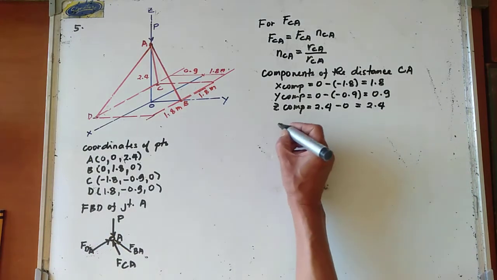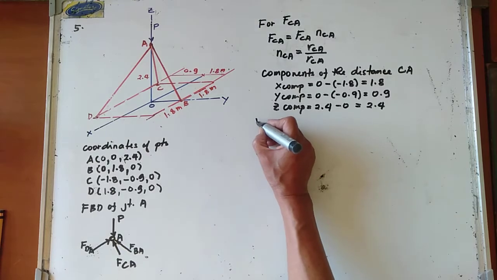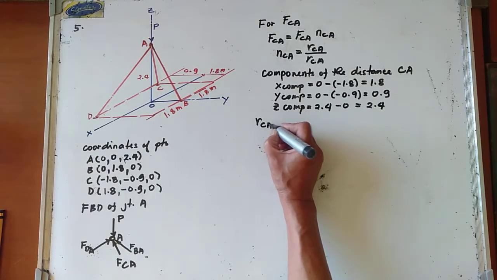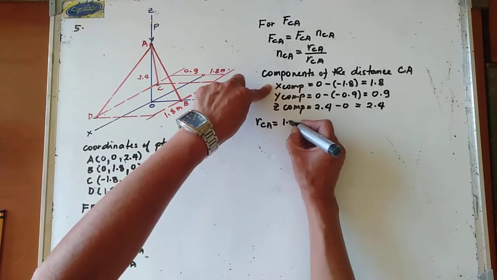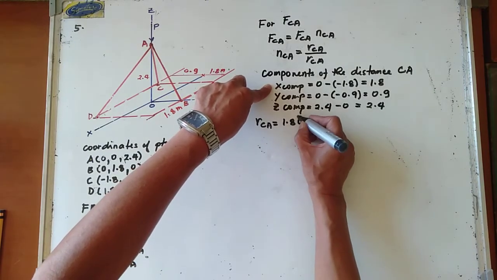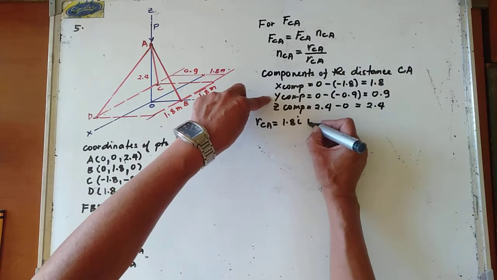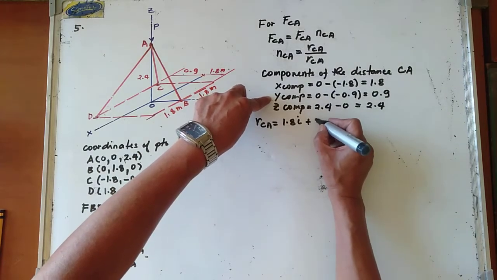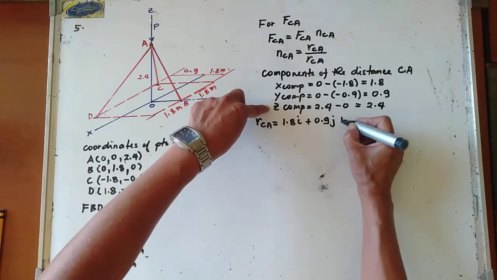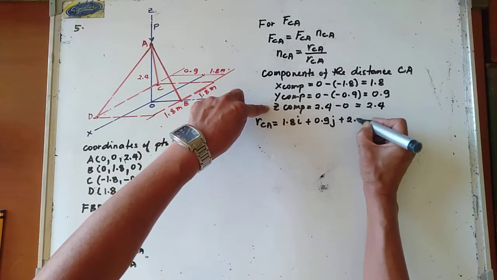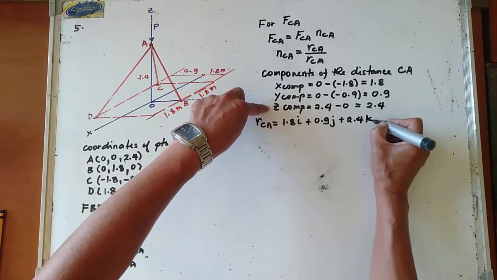Therefore, the position vector CA is 1.8i plus 0.9j plus 2.4k.